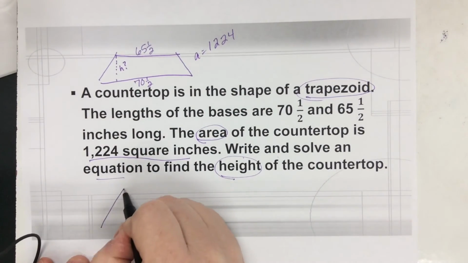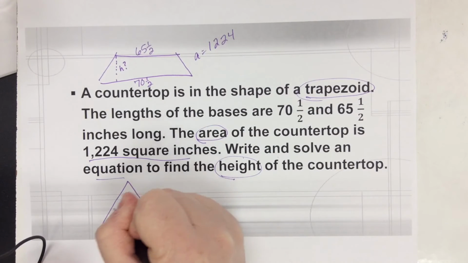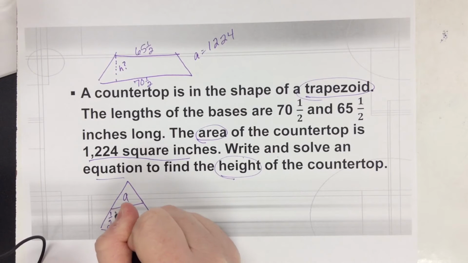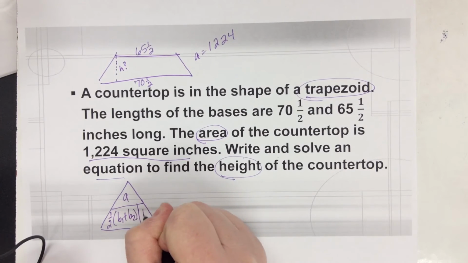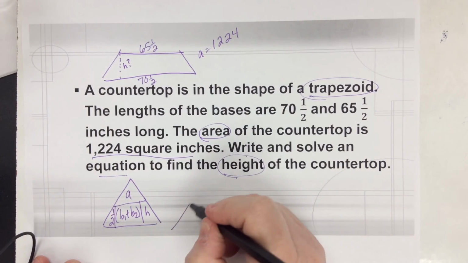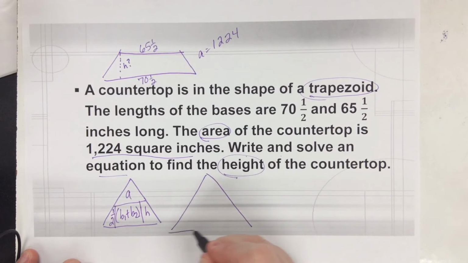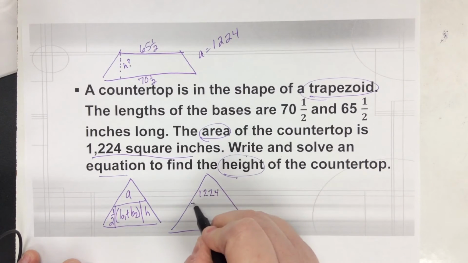I'm going to draw my shape here. Okay, area equals, this one's a little trickier. 1/2 times base 1 plus base 2 times your height. Okay, that's my given formula. So I'm going to fill all these in. My area is 1,224.